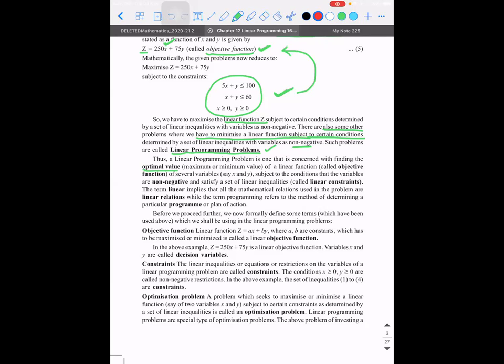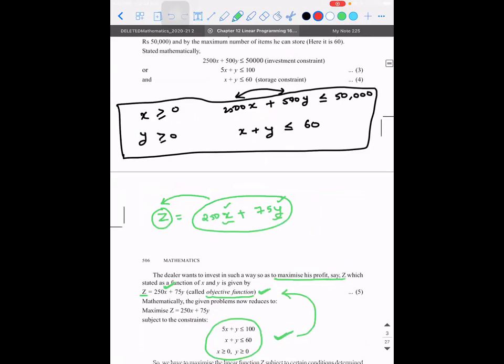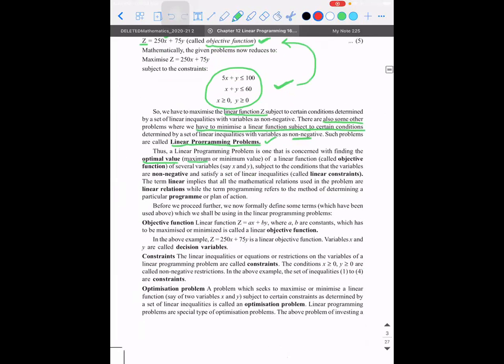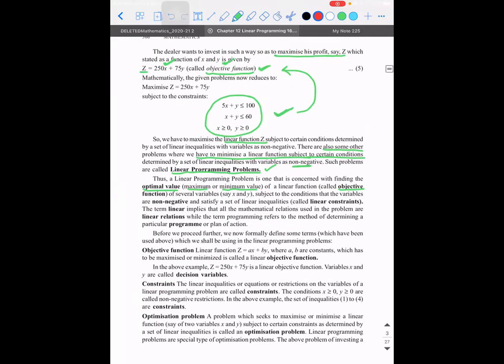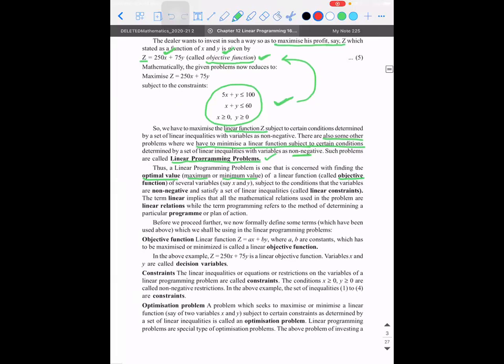Optimal value means it has something to do with optimization, which is nothing but the maximum or minimum value of a linear function, which is called the objective function. This linear function is an objective function of several variables, say X and Y, subject to the conditions that the variables are non-negative and satisfy a set of linear inequalities called linear constraints.